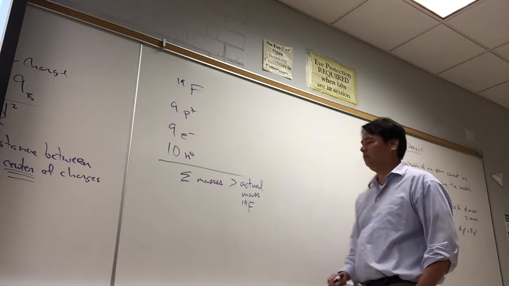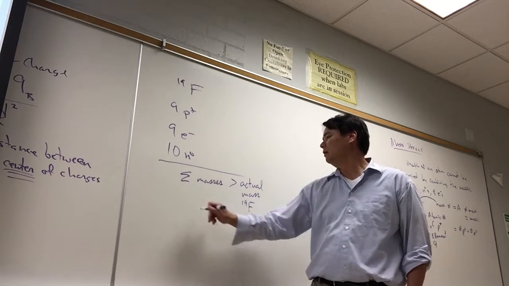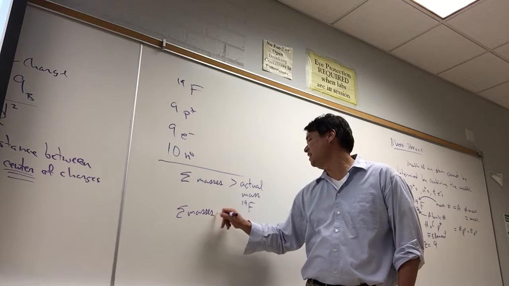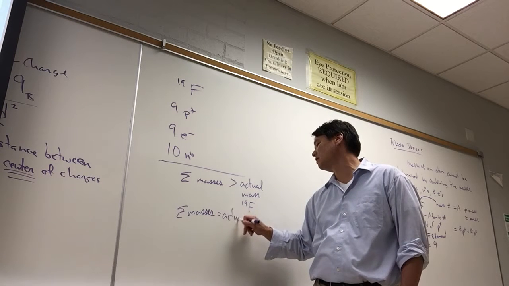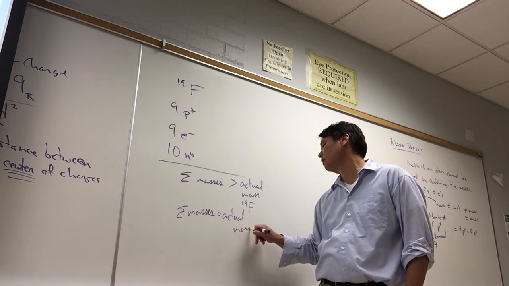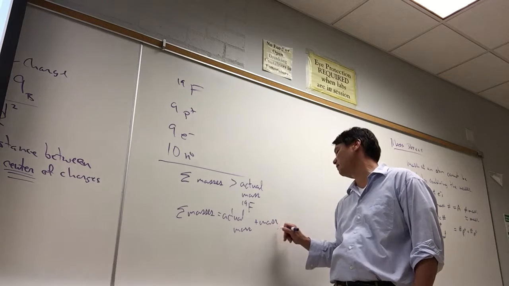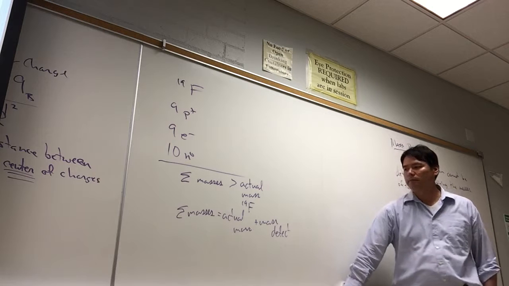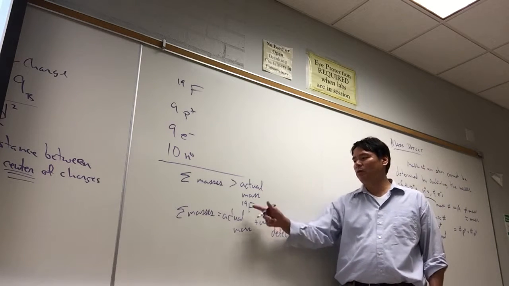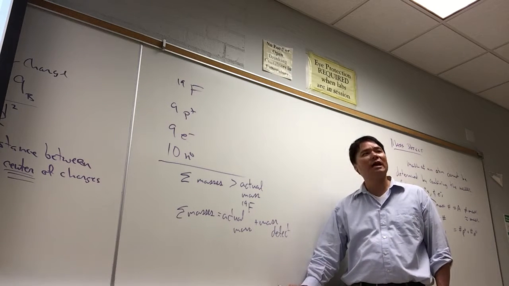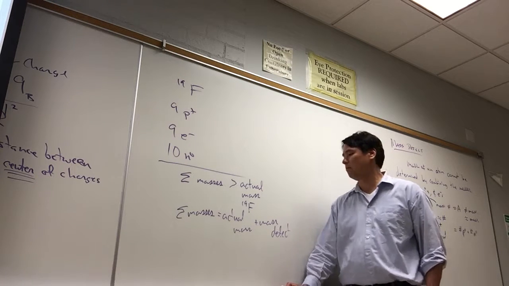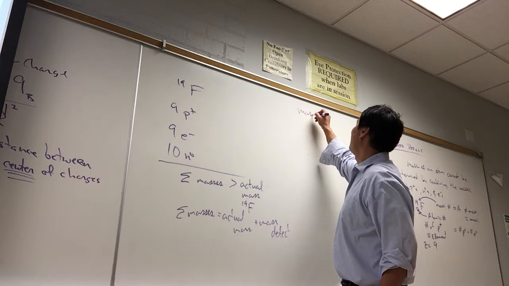In other words, the sum of the masses here is equal to the actual mass plus the mass defect. In other words, the actual mass of fluorine-19 is a little lighter than what we expect. In other words, we lost some mass. And so mass was lost.